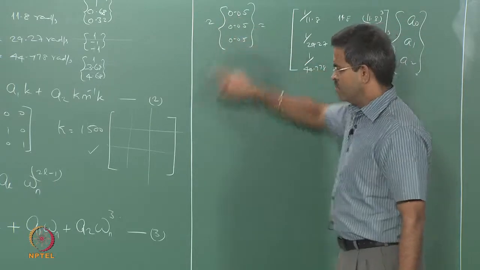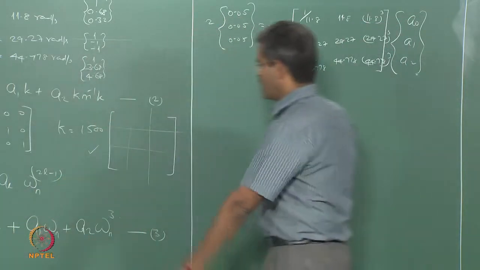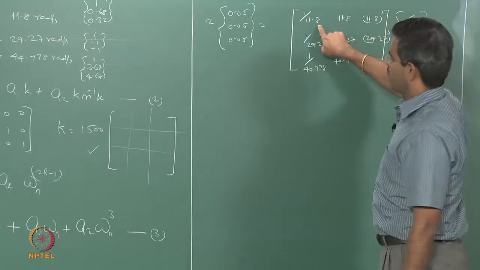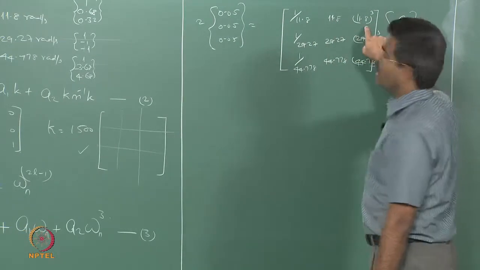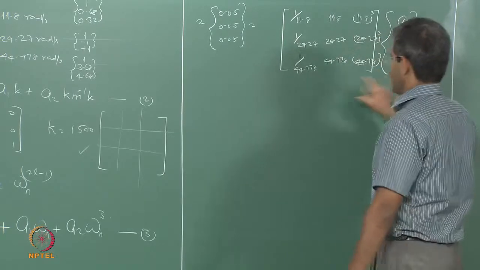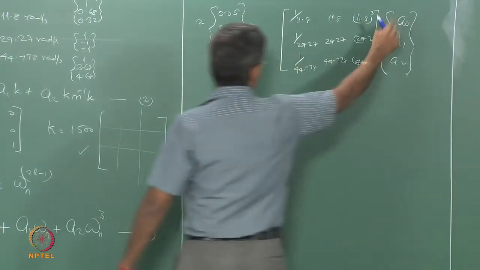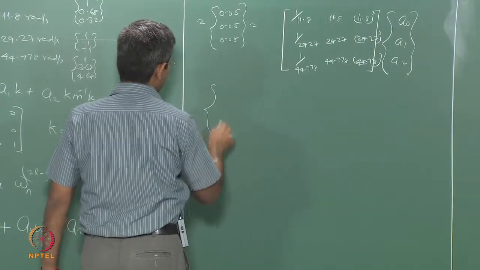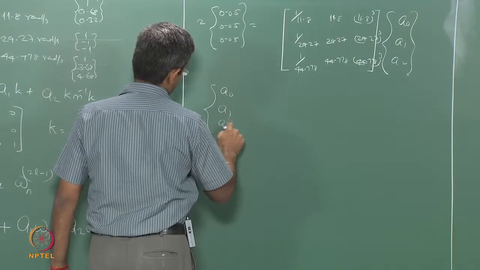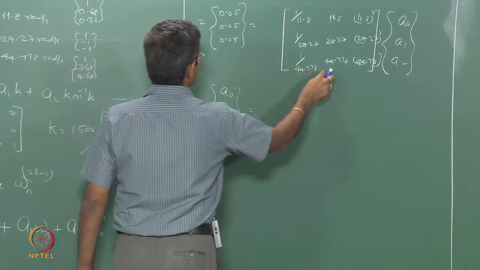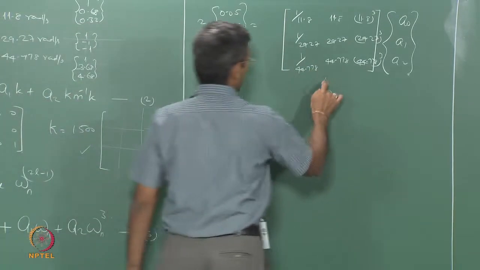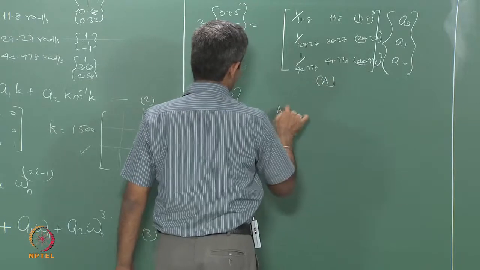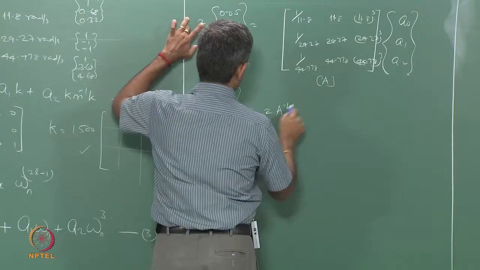2 zeta will be A0 by omega 1 plus A1 omega 1 plus A2 omega 1 cube. So, similarly, I will get a matrix. Now, I want to find A0, A1 and A2. So, it is simply the inverse of this matrix multiplied by this. So, I call this matrix A, let us say. So, find A inverse and multiply with this vector.